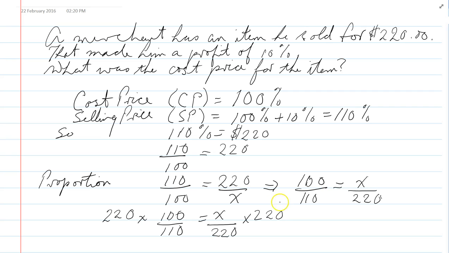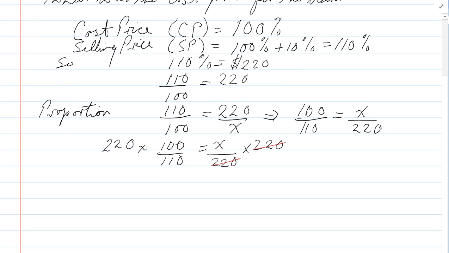Now the 220s cancel, and we can solve the other side. 110 into itself once, 220 twice, and now we get 2 times 100 is 200 is equal to x. So the cost price is equal to $200.